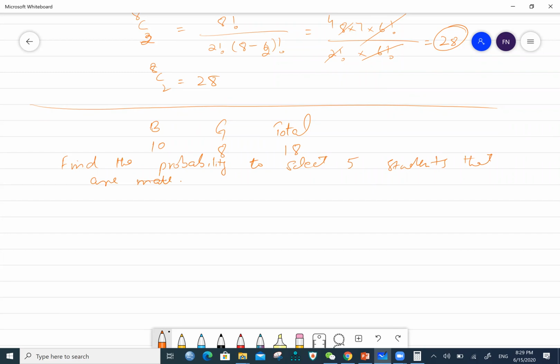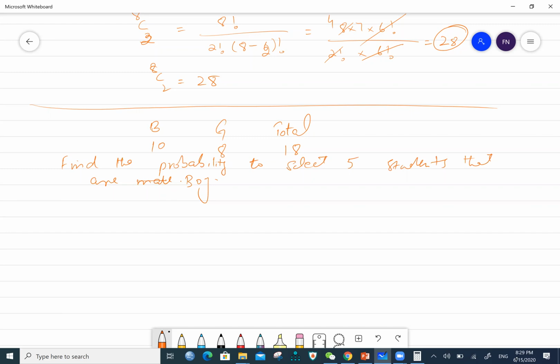We're using the word boy, so we say select 5 students that are boys. Understand? So we call it an event. In probability terms, we call it an event.